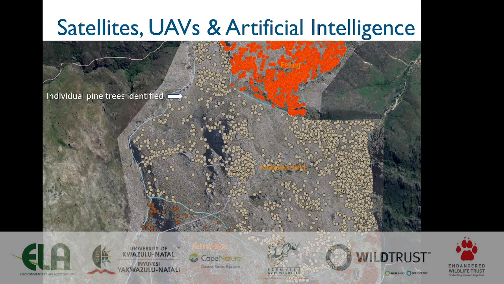So we'll start with techniques used for gathering data about invasive alien species. Knowing where invasive alien species are is an ongoing challenge and is often best solved with remote sense data. And this is where satellites, unmanned aerial vehicles, better known as drones, and artificial intelligence can help.